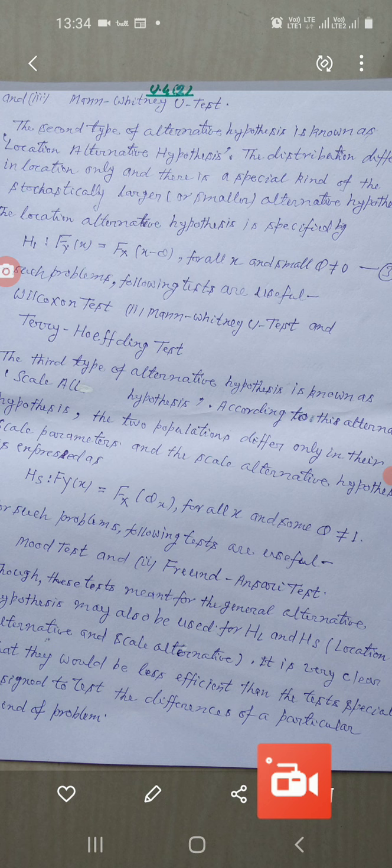The location alternative hypothesis is specified by HL: Fy(x) is equal to Fx(x minus theta) for all x, and theta is not equal to 0, and let it be equation number 3.